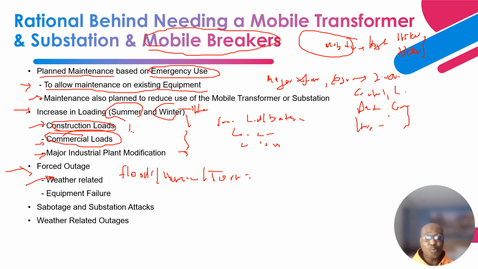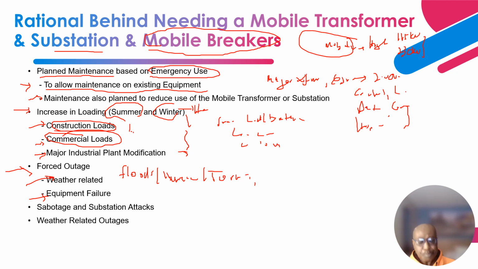We've seen tornadoes wipe out a lot of substations, and hurricanes wipe out a lot of substations, and floods, especially floods after hurricanes, can wipe out a lot of substations. So that is when the mobile transformer and substation becomes needed. It's needed for that emergency.